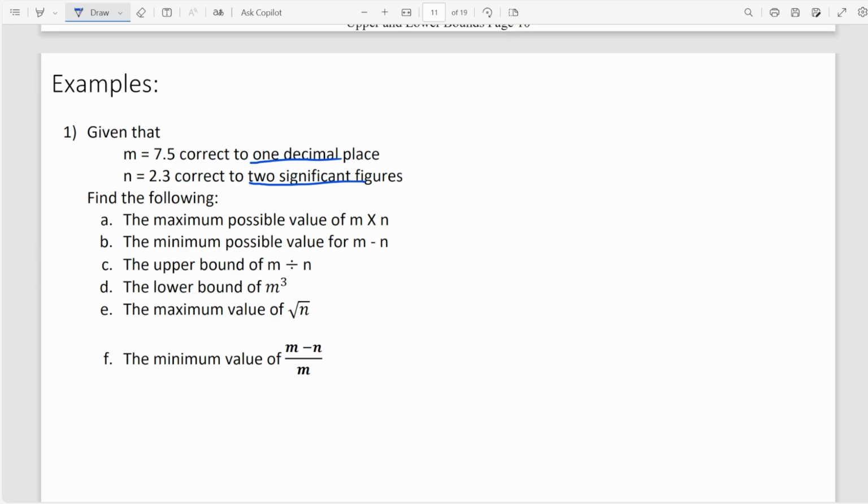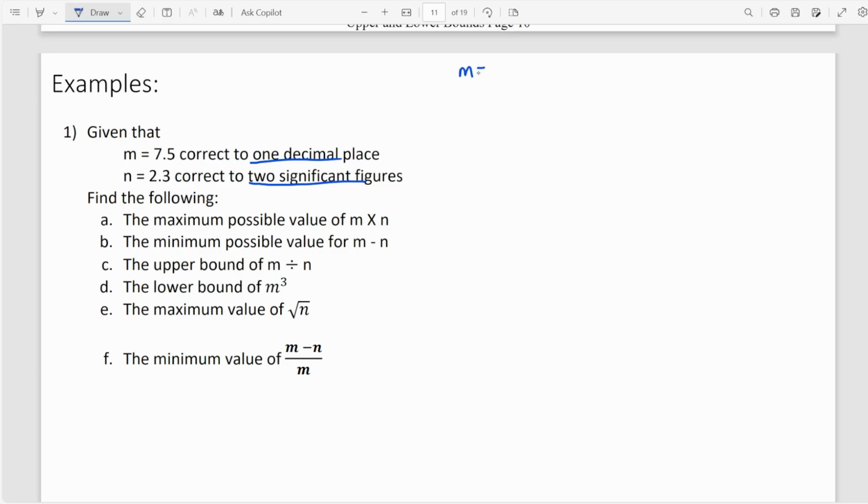Now, some students prefer getting the upper and lower bounds on demand. So they would basically find the upper or the lower based on their needs. Okay. But right now, I'm going to find the upper and lower bounds for both m and n so that they are ready to use. Okay. So let's start with m.